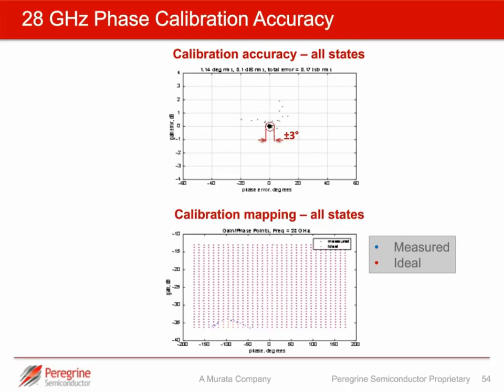So in most of the cases, particularly for the top 20 dBs of gain adjustment, we are very close to being on top of the ideal targets. So again, this is showing the capability of Peregrine's technology to develop very high performance, simple to calibrate, repeatable beamforming elements for millimeter waves.